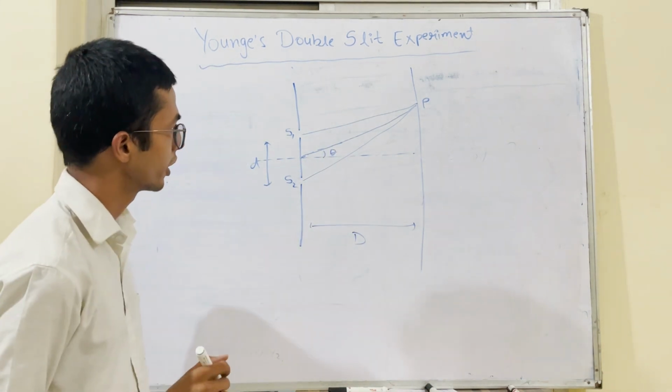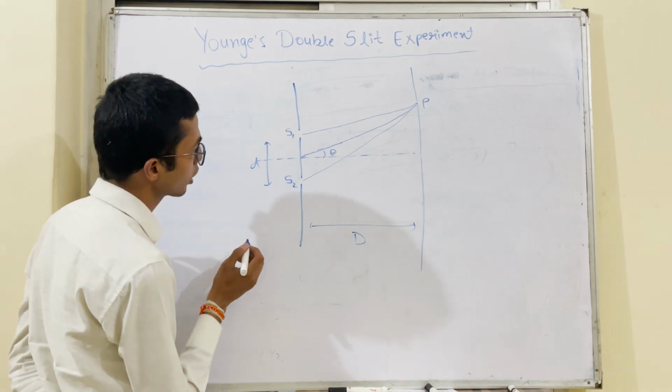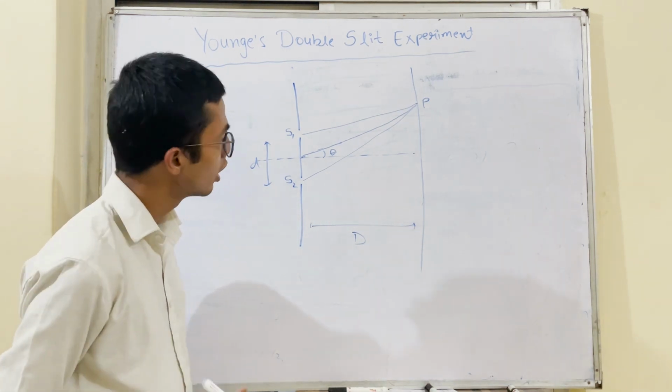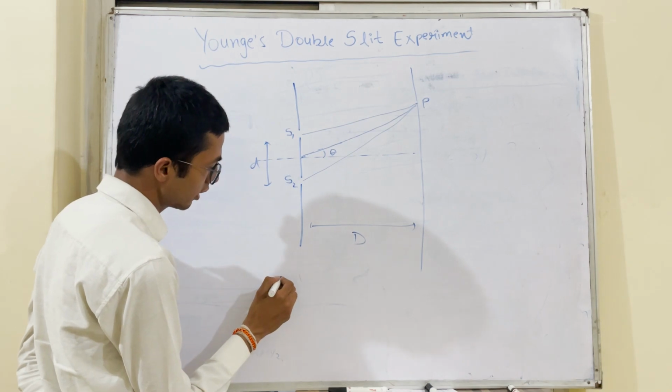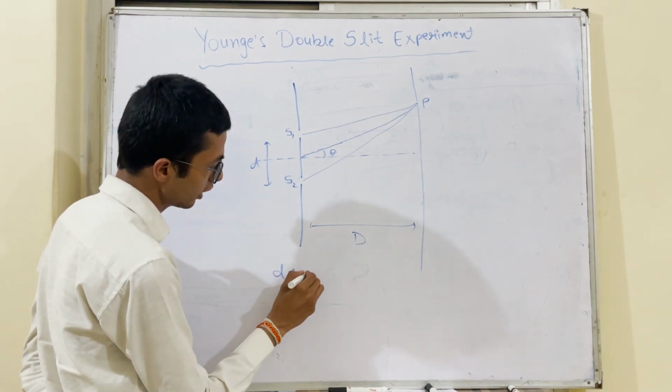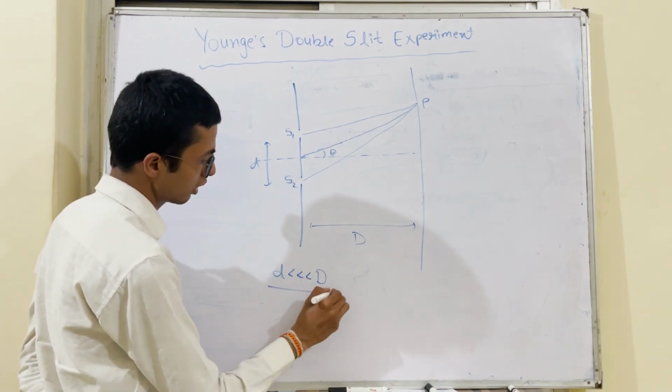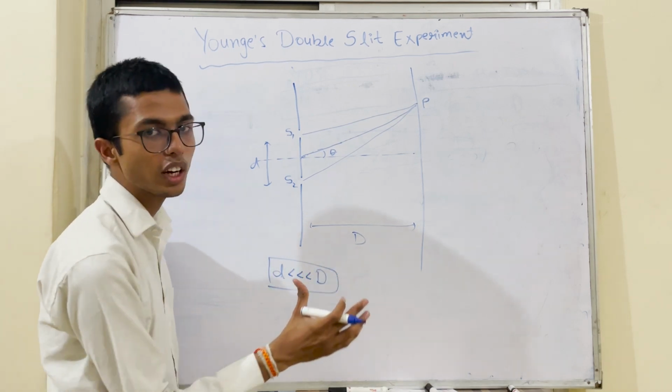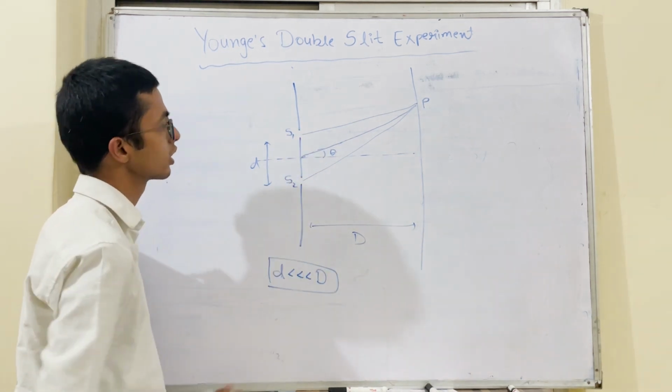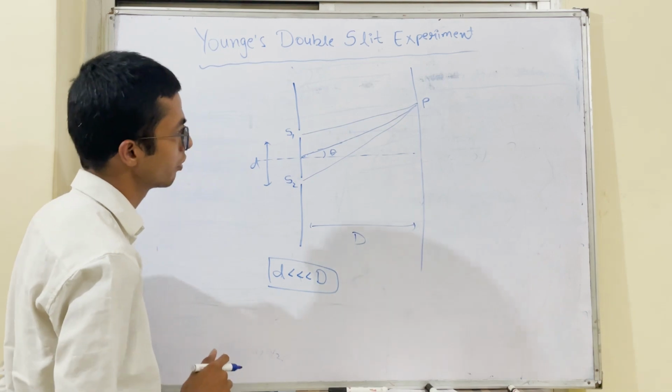One assumption we have to make, which is also true, is that small d is very much less than capital D. This distance is very large compared to this small distance d.